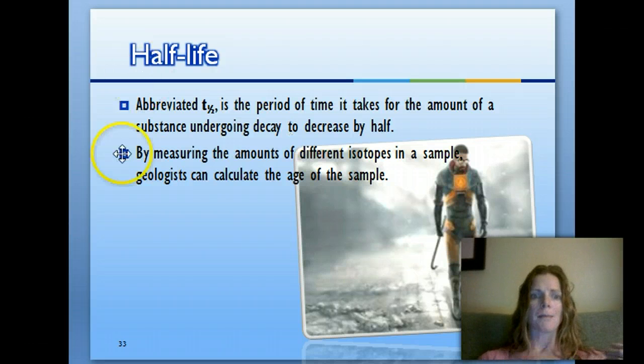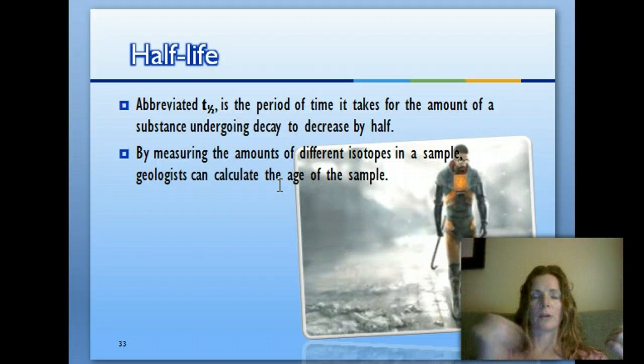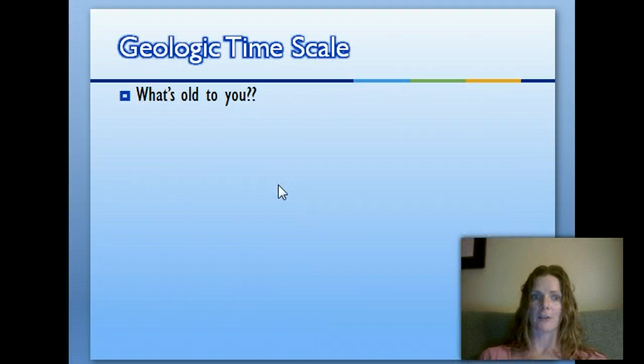Okay? By measuring the amounts of different isotopes in a sample, geologists can calculate the age of the sample. Okay? So the half-life has to do a little bit more with mass rather than how much energy is emitted once it undergoes decay. All right, so there's half-life for you.